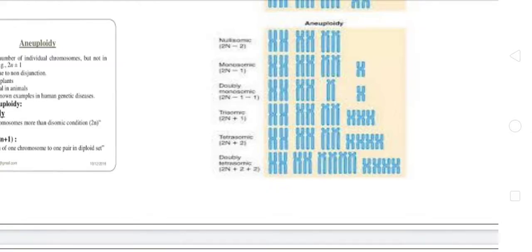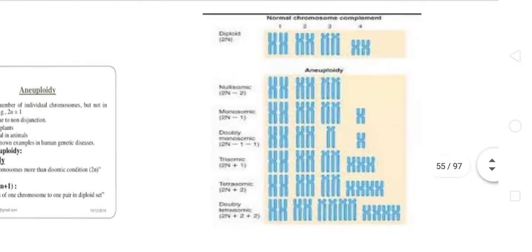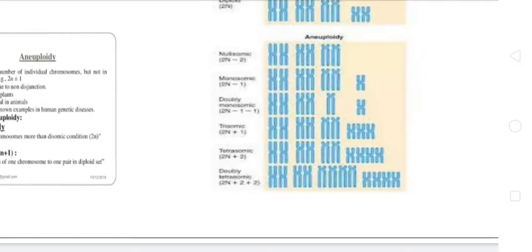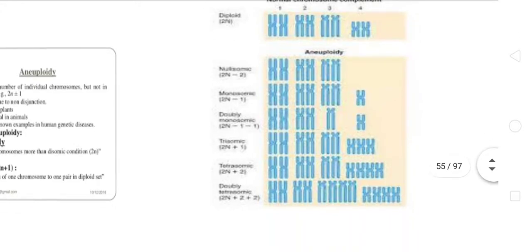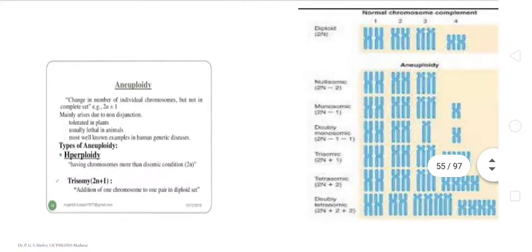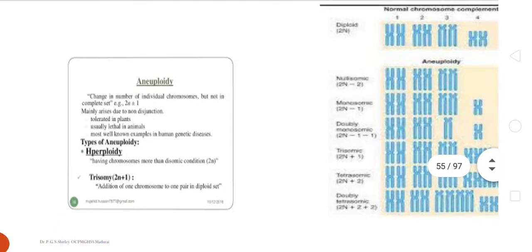Double tetrasomy: here 4 chromosomes are seen in chromosome number 4, again addition of 2 chromosomes in chromosome number 3. So as a result, 2n plus 2 plus 2. So these three are the examples for hyperploidy. So that's all about aneuploidy. So aneuploidy means changes in the number of individual chromosomes, but not in the complete set.